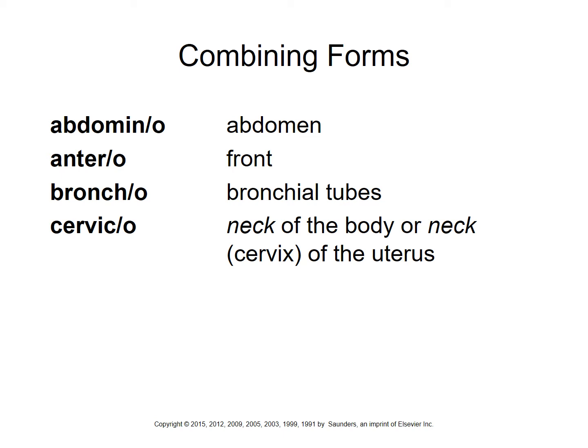There's a picture of this on page 51 in your text, the thoracic cavity. So our trachea is going to come down our midline. Then we've got two tubes coming off, which are called our bronchi. So broncho is the combining form for these tubes. Cervical means the neck of the body, or you also have the neck of the uterus, which is referred to as the cervix. So abdominal, antero, broncho, and cervical.